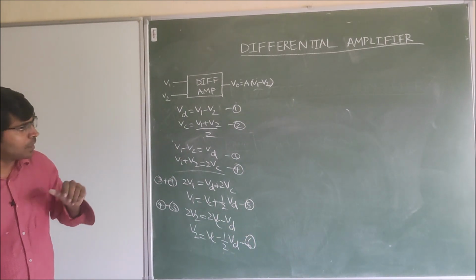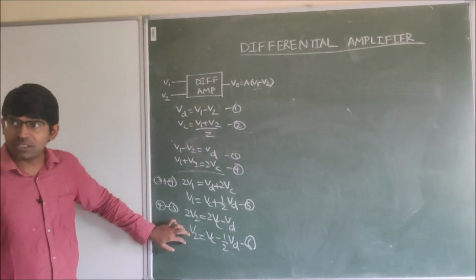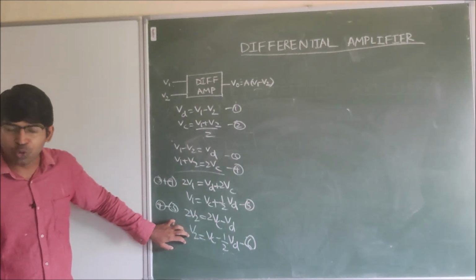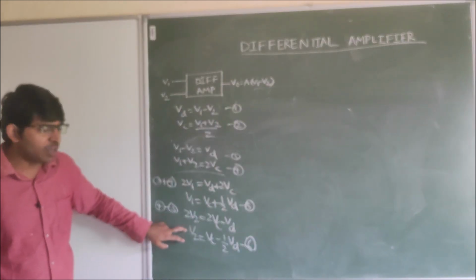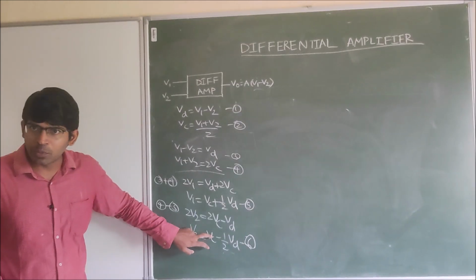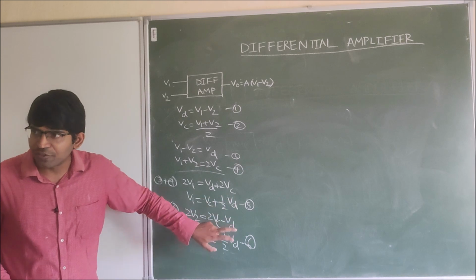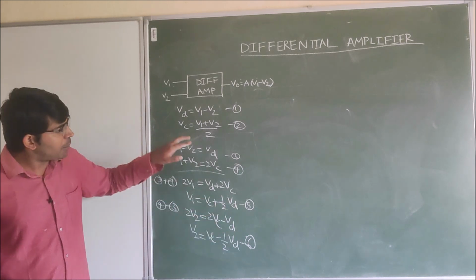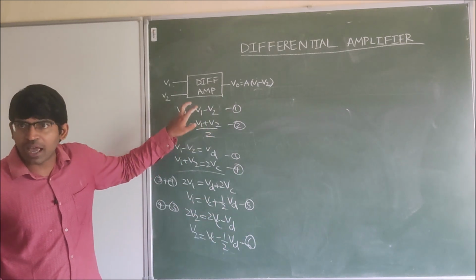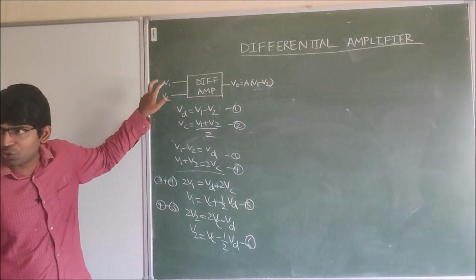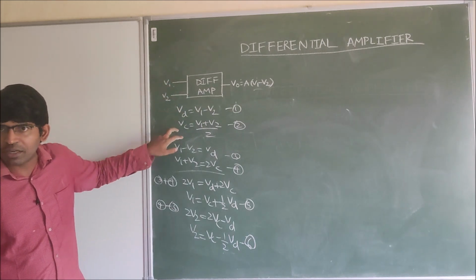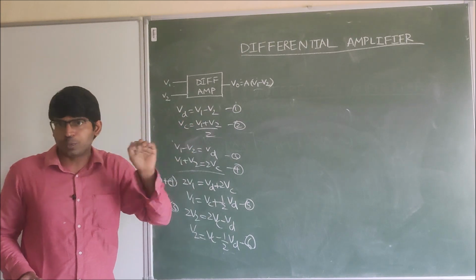Finally, my intention is to relate both V1 and V2 with the common mode voltage and the difference voltage. For the common mode voltage, I have taken the average of V1 and V2, so the average is (V1 plus V2) by 2.